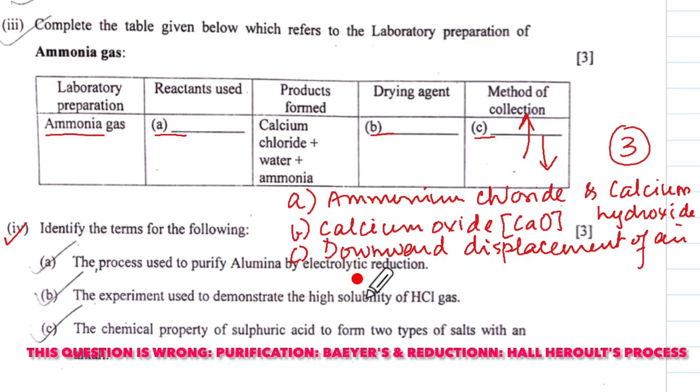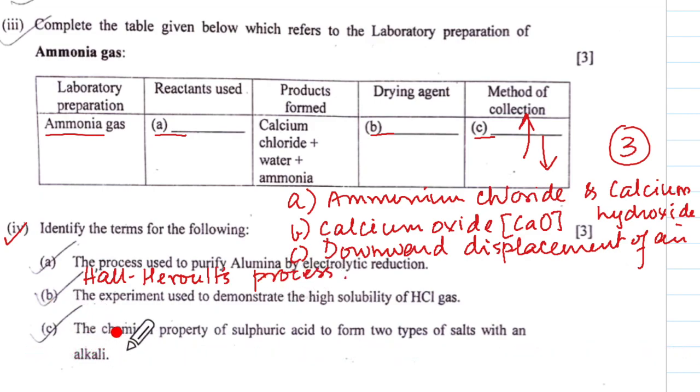And what does Hall-Heroult's process do? It reduces alumina by electrolysis, correct? So it will be Hall-Heroult process. What is our B answer? The experiment used to demonstrate high solubility of hydrogen chloride gas will be the fountain experiment.